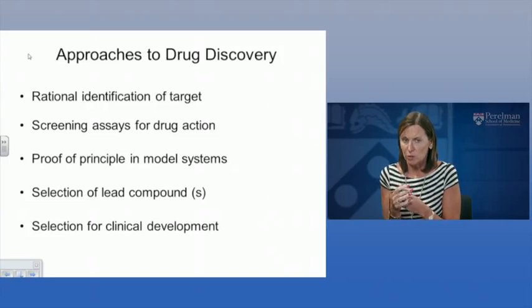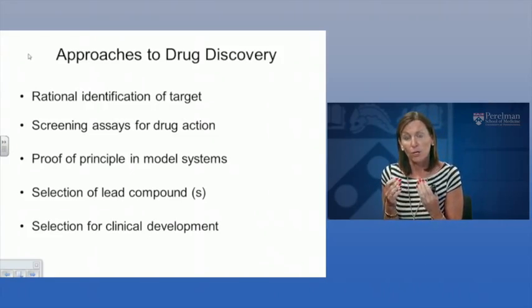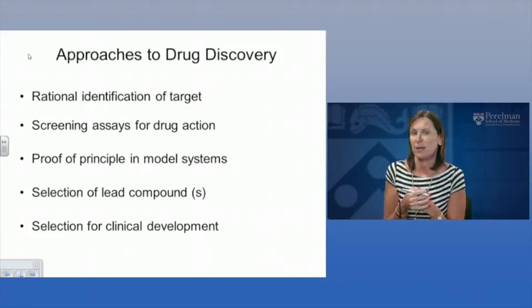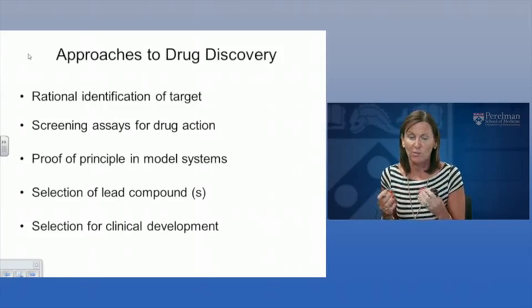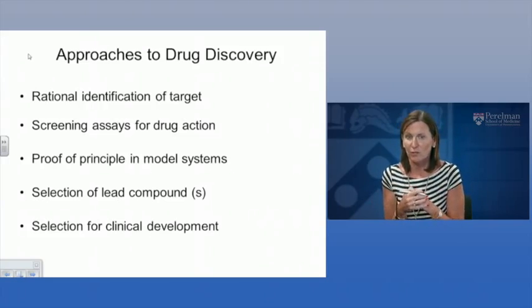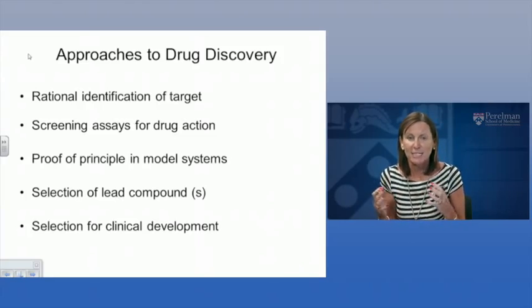And ultimately, what you want to end up with is one or a few lead compounds that hold most promise at the end of the ex vivo evaluation of this drug discovery phase. And I will tell you that the drug discovery phase is an ever-expanding domain.